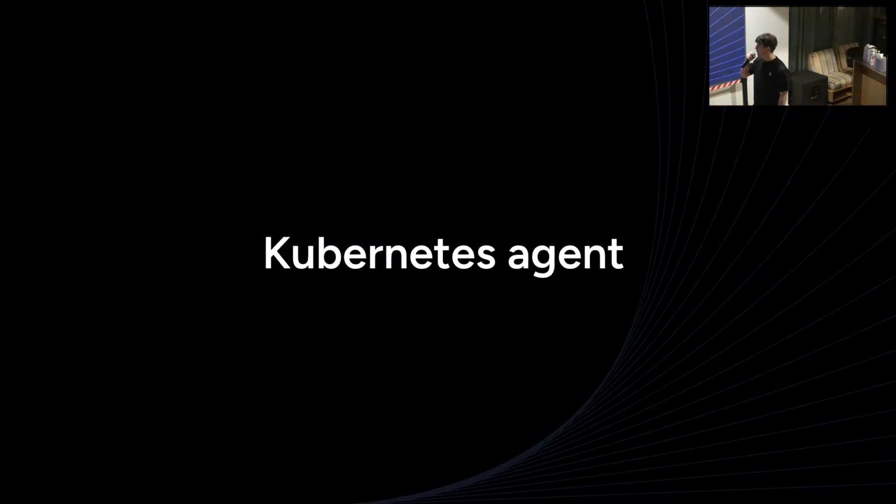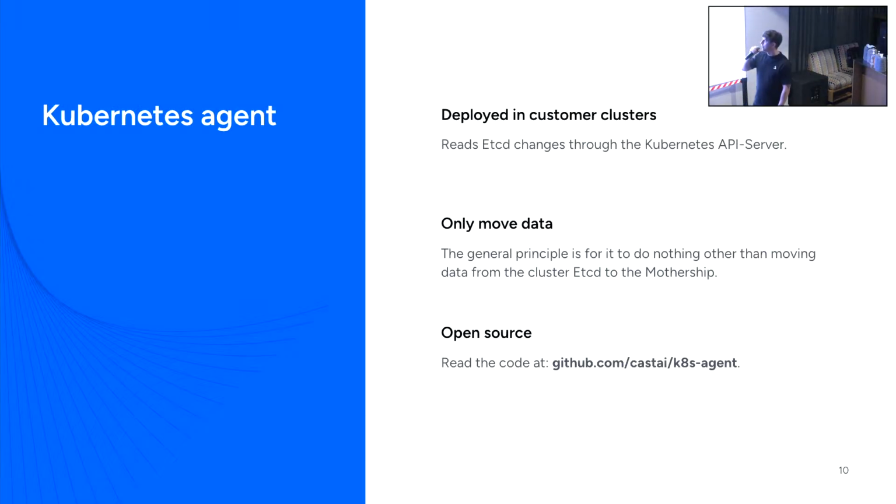So let's dive in. First of all, we have a Kubernetes agent. Obviously we need data from Kubernetes, and we need to get it somehow, therefore the Kubernetes agent. We deploy it in customer Kubernetes clusters.